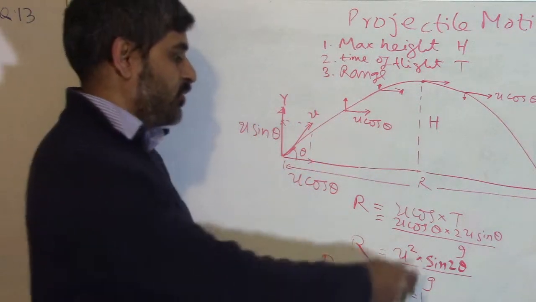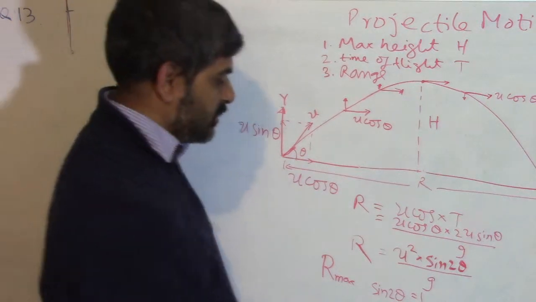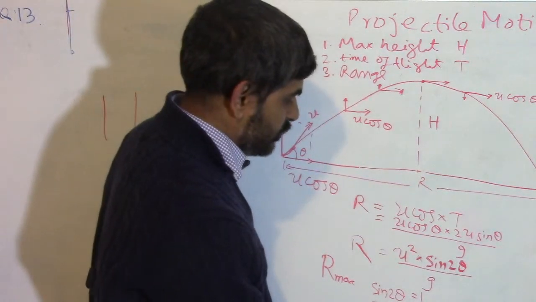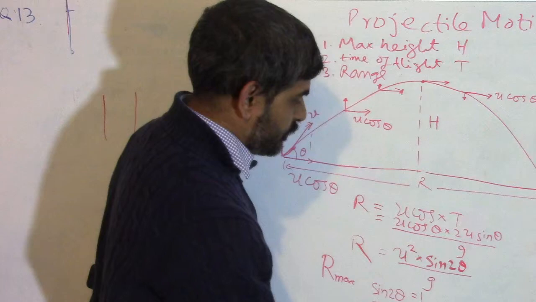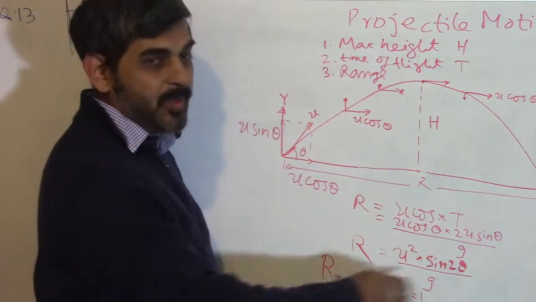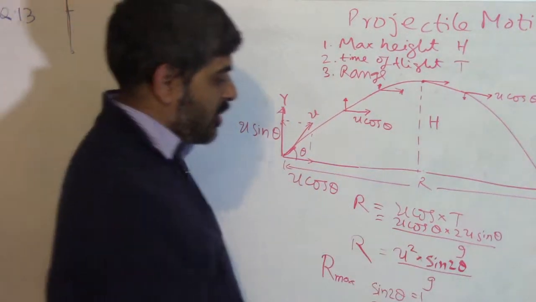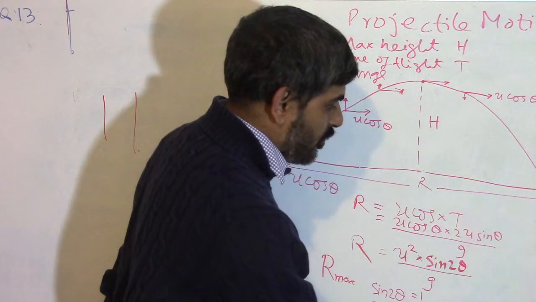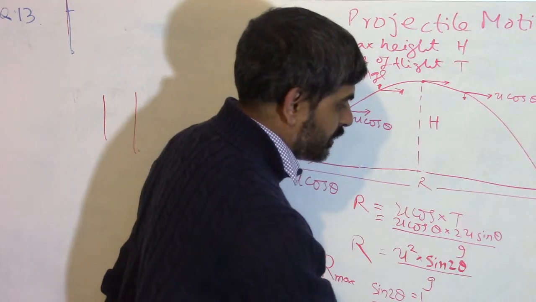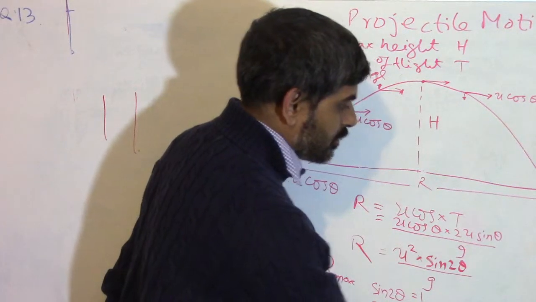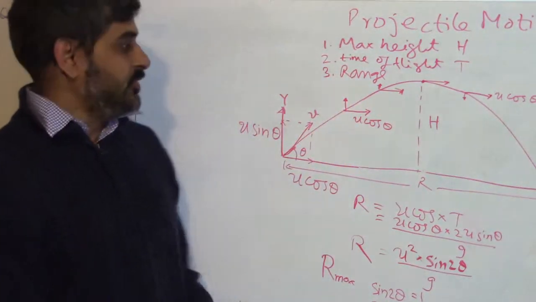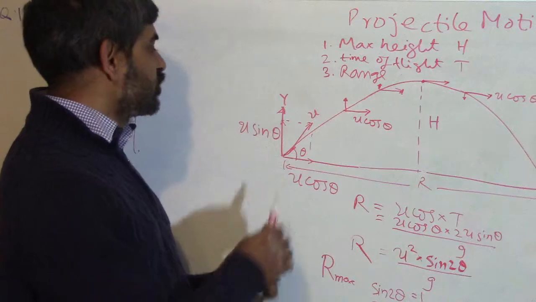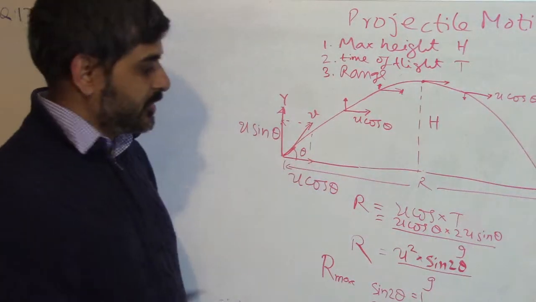It cannot be more than 1. And that happens when 2 theta is equal to pi by 2, because sine pi by 2 is 1. So this happens when theta is equal to pi by 4, or 45 degrees. So if you want to achieve the maximum range, you should throw it at 45 degrees.